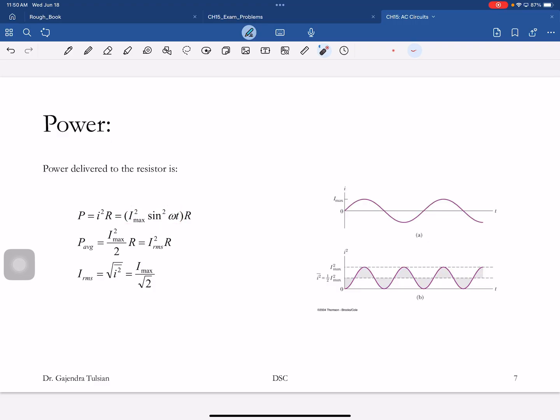The current is sinusoidal, so the instantaneous power is a sine squared function. Here is the plot of I squared, and power is just I squared times R, so just a factor of R. So here is the graph for the instantaneous power supply.